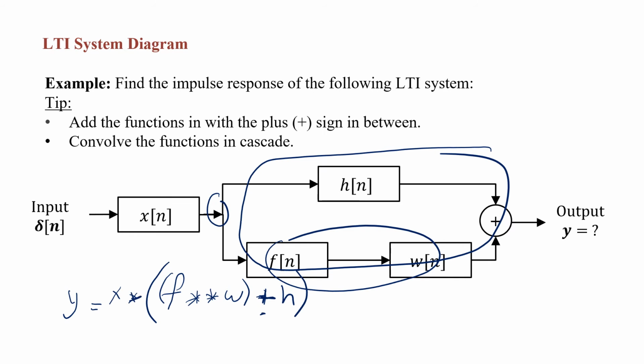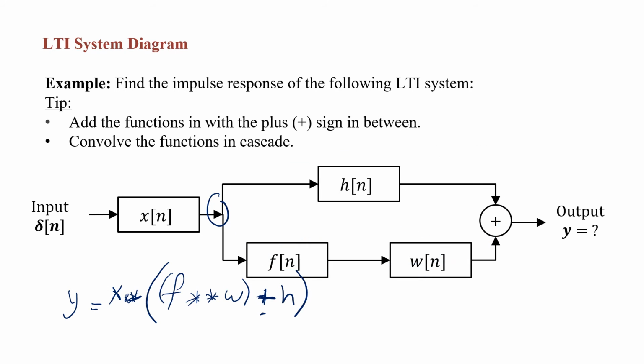x convolved with f convolved with w plus h. Let's put it clearly once again. We'll say the impulse response y is equal to x convolved with f convolved with w plus h.